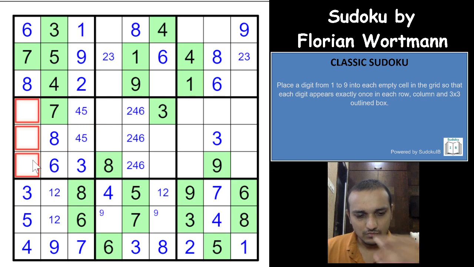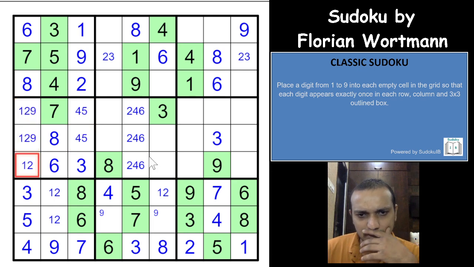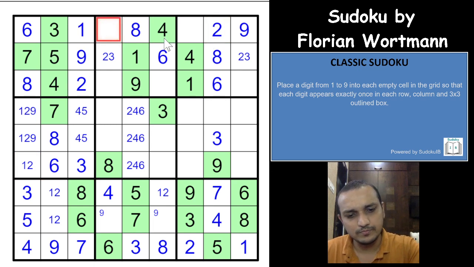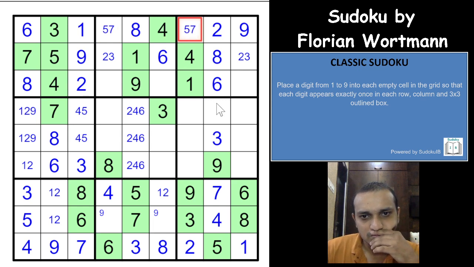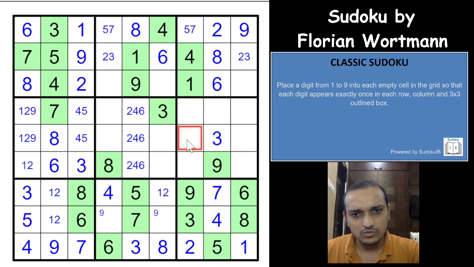Again 1 2 and 9 here, so 9 cannot be here. These cells are 2 5 and 7, so this is 2. You get a 5 7, 5 7 here, 5 7 6 and 4, 5 7 6 and 8, so 6 8 cannot be here. 6 and 8 would have to be here. So this is 6, this is 8, and this is 5 and 7.